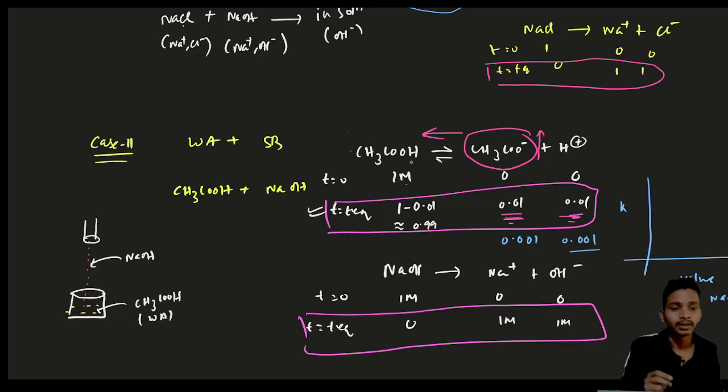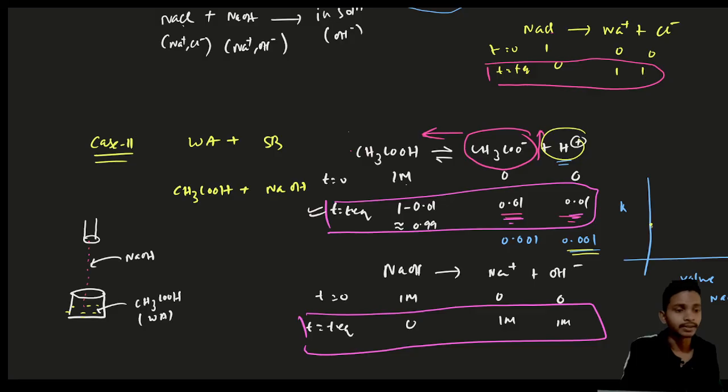So first, for CH3COOH, since this is a weak acid and a very small amount of H plus dissociates, its conductance is very less, because it is a weak acid and very little H plus is dissociating. So its K value will be very less.